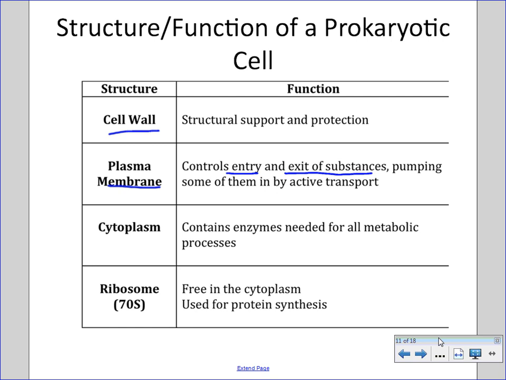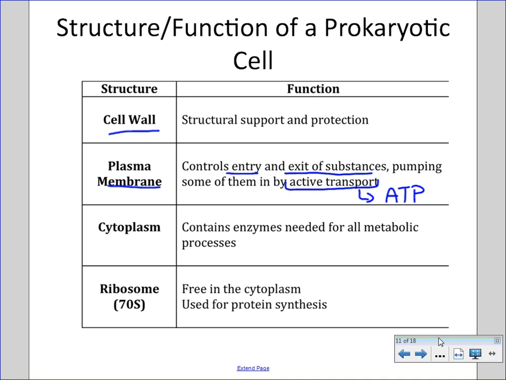Some of these substances will be moved in and out of the cell in a process referred to as active transport. Active transport is where the cell will use ATP, or energy, to actively move a substance from inside the cell to outside, or outside to inside.